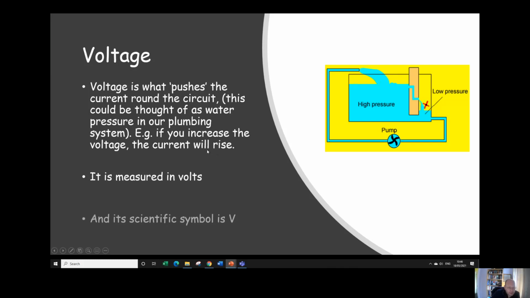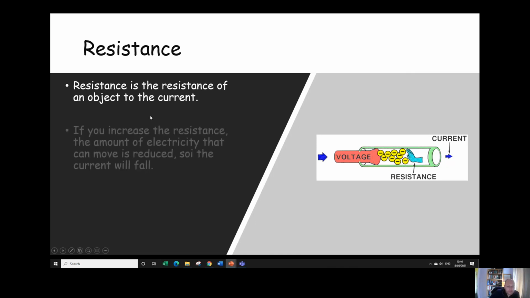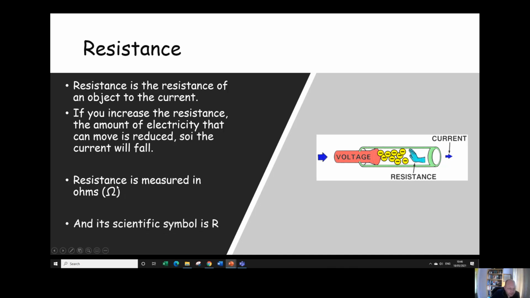Voltage is measured in volts with the scientific symbol V. Resistance is essentially what slows down the current. If you increase the resistance, you'll reduce the current. Resistance is measured in ohms, and it has the symbol omega. The scientific symbol used in calculations is R.